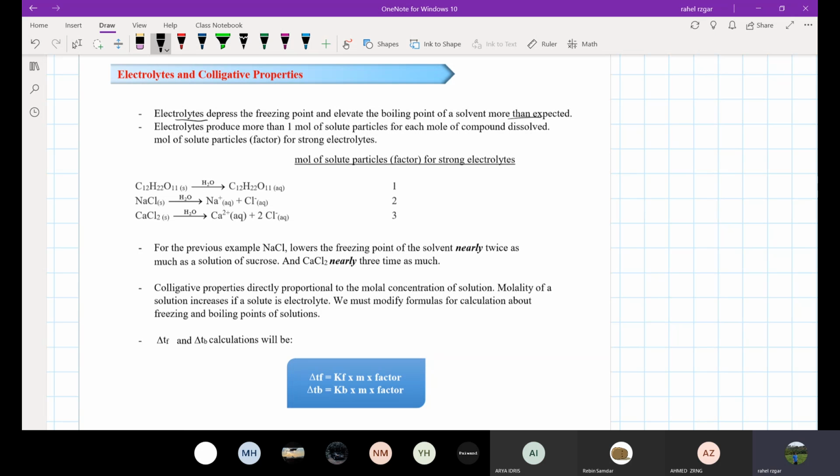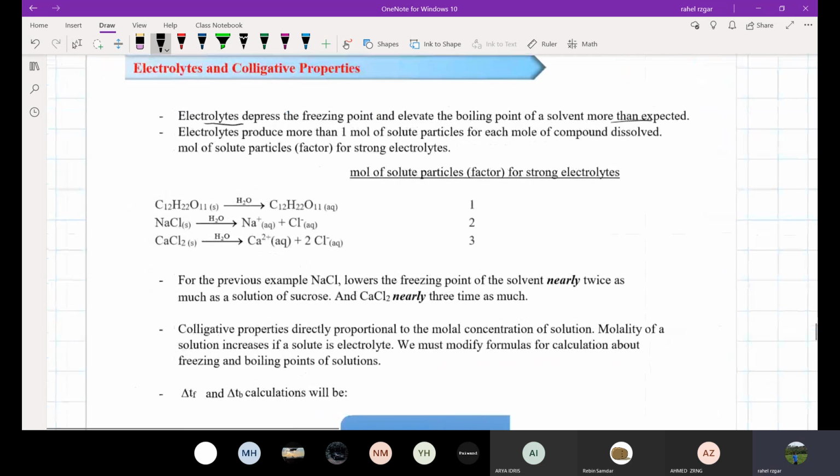We said we always depend on concentration. When ionic compounds, all of the electrolytes, dissolve in a solvent, in water, they produce more particles per each compound that is dissolved.